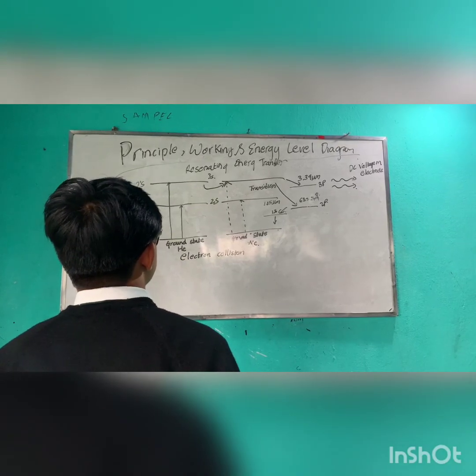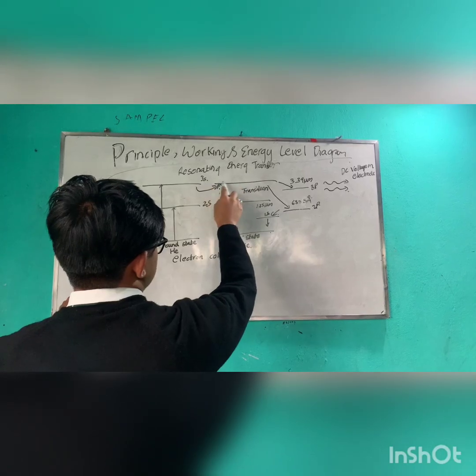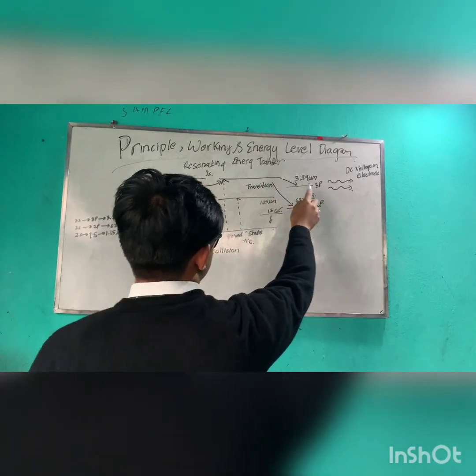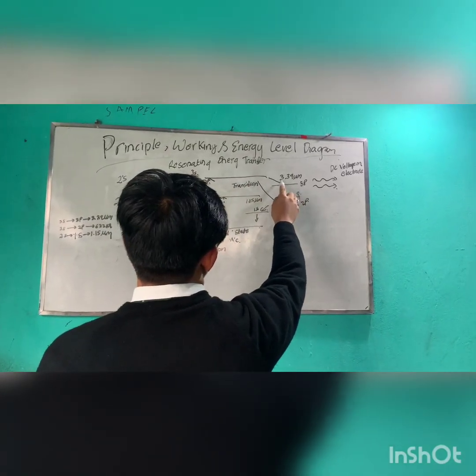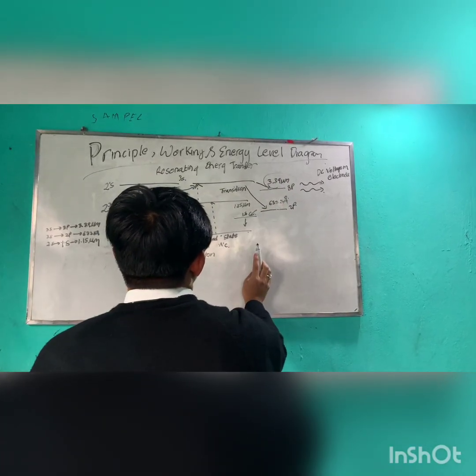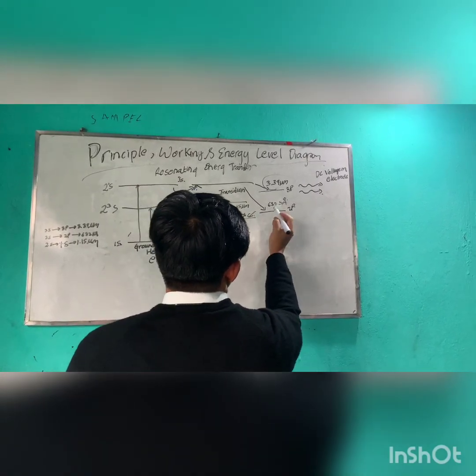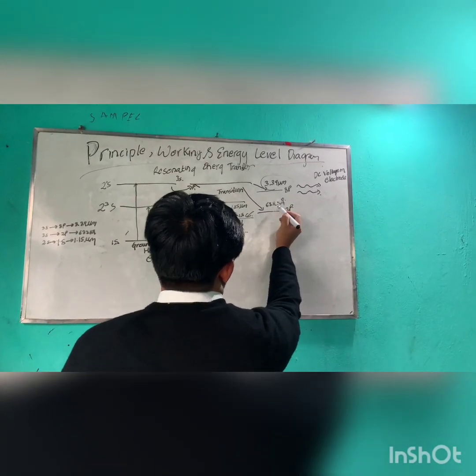For example, when the energy goes from the 3s state to the 3p state, the photon produced is 3.39 micrometer. When the energy is transferred from 3s to 2p, the photon produced is 6328 angstrom.